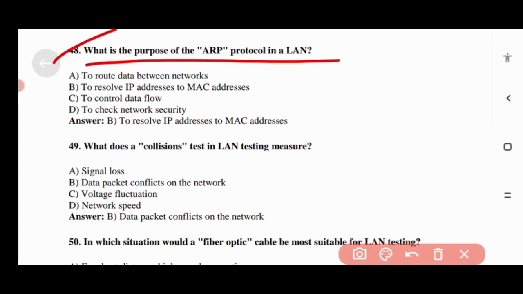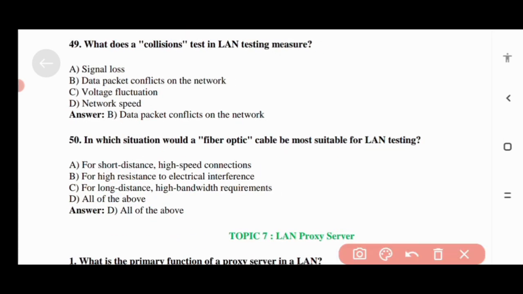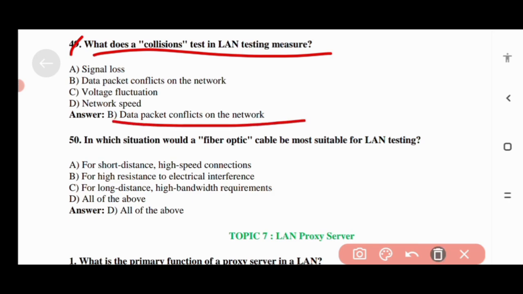What is the purpose of the ARP protocol in a LAN? To resolve IP addresses to MAC addresses. What does the collisions test in LAN testing measure? Data packet conflicts on the network.